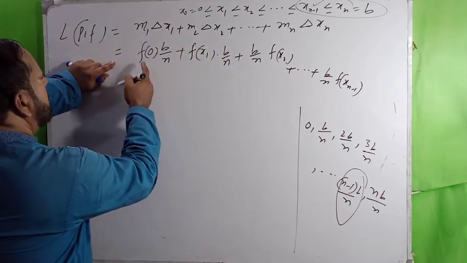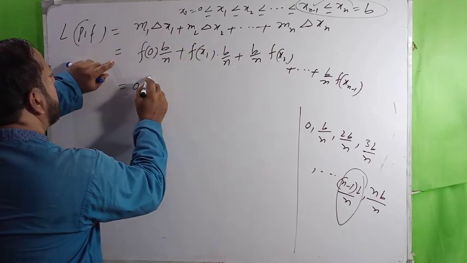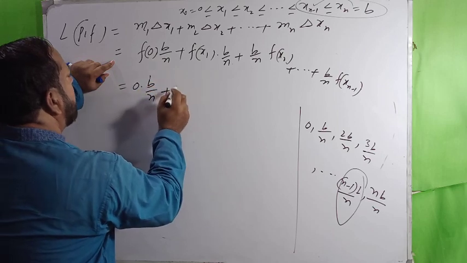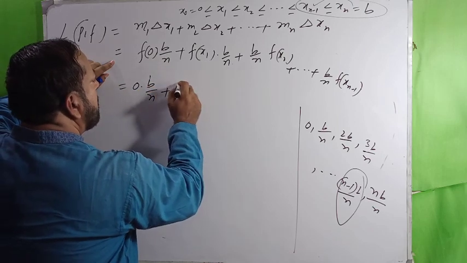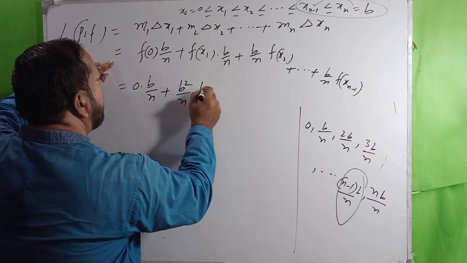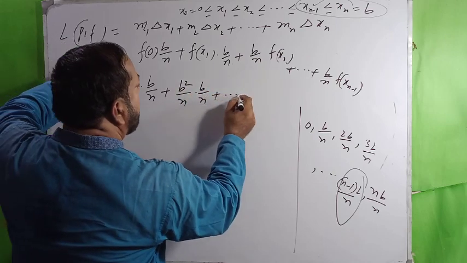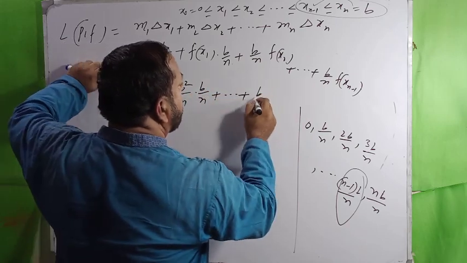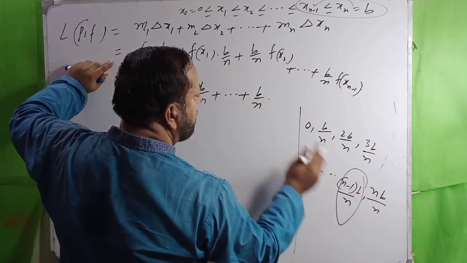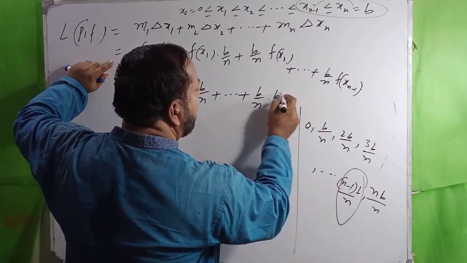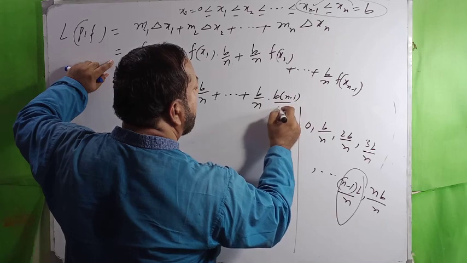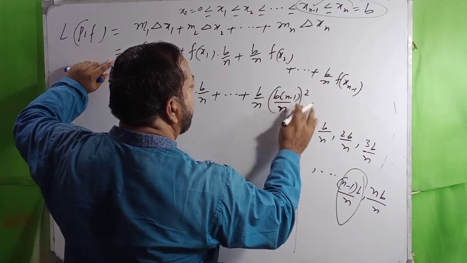So the answer is, this is 0, 0 into b by n, plus this one is b square by n into b by n, plus so on. The last would be b by n into b into n minus 1 by n whole square.